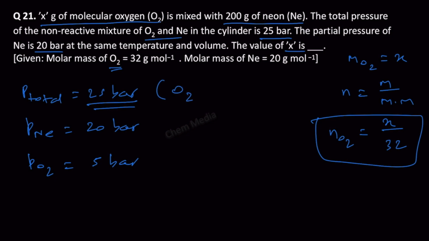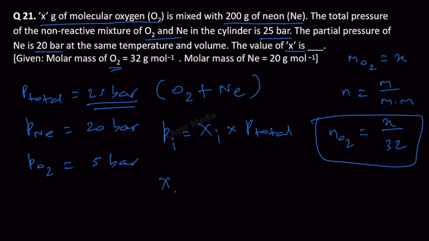That means this is a mixture of O2 plus neon, isn't it? So therefore, the partial pressure of O2 should be 5. Now, we also know that partial pressure of an entity is equal to mole fraction times total pressure, isn't it?